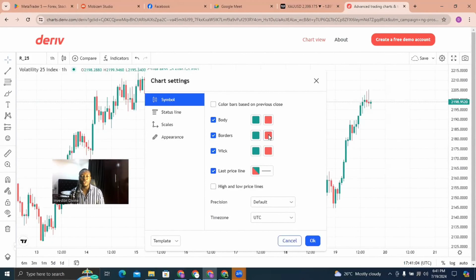If you want your sell candle to be red, you can select it over here. If you want to choose any other colors, you can do that over here. Now, I would suggest that you make sure the buy candle color and the sell candle color you choose are contrasting colors, so that it's not going to confuse you and you can easily spot which is which.